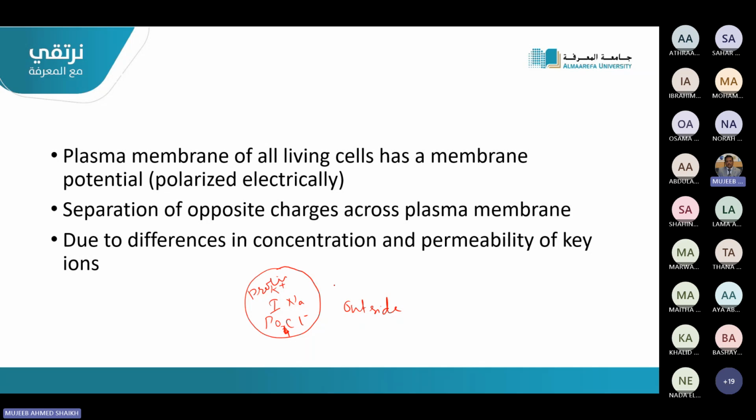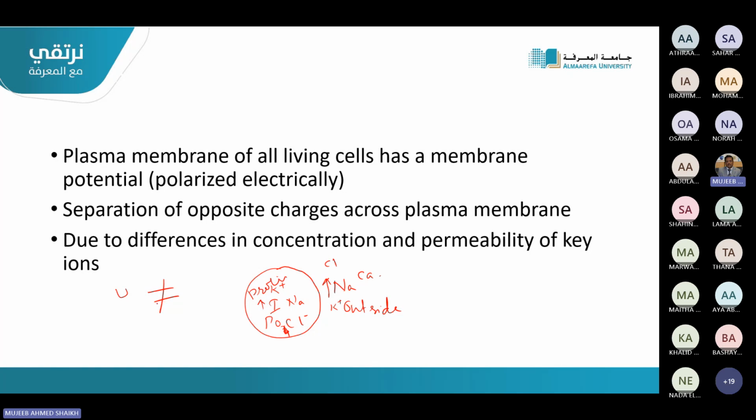Similarly, outside there are also sodium, potassium, chloride, and many more. Calcium is there. Because of the unequal distribution, inside some are more, outside some others are more.